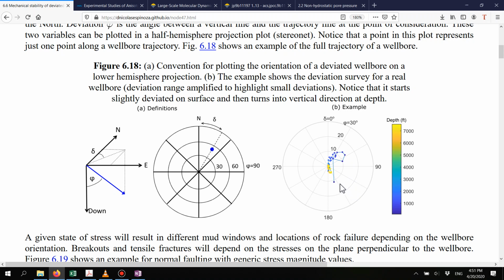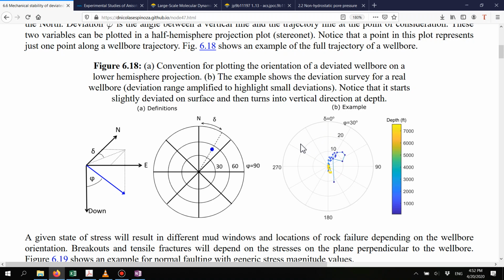In this example, we see that this wellbore starts deviated, and as it goes deeper and deeper, it gets centered around 0, so that means that it goes vertical. And this is going to be very useful, as we're going to see later on, because it's going to let us calculate wellbore stability as a function of these two angles, the azimuth angle and the deviation angle.